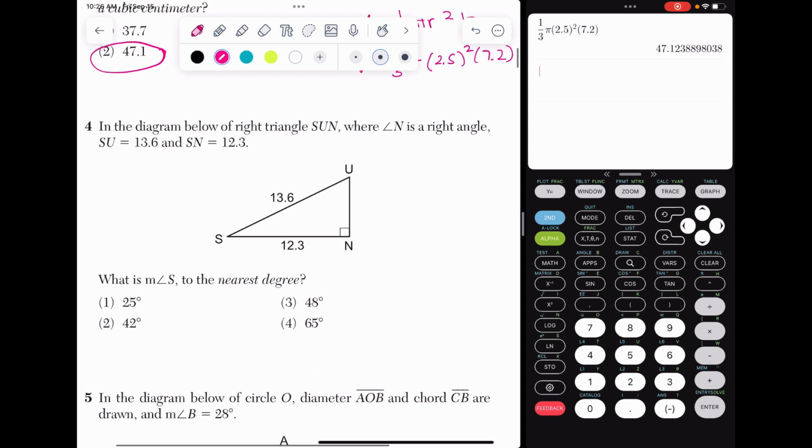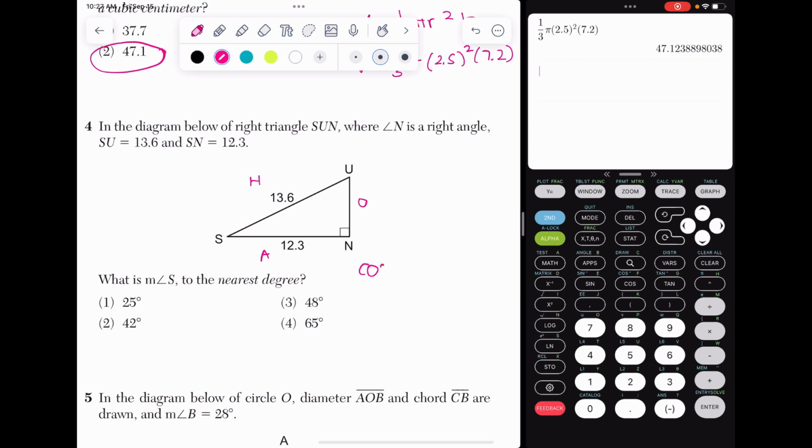Number 4. In the diagram below of right triangle SUN, where N is a right angle, SU is 13.6, SN is 12.3. What is the measure of angle S to the nearest degree? All right, this is definitely going to be a right triangle trigonometry problem. Here's our opposite side, our hypotenuse, and adjacent. So we'll be using the CAH part of SOHCAHTOA.